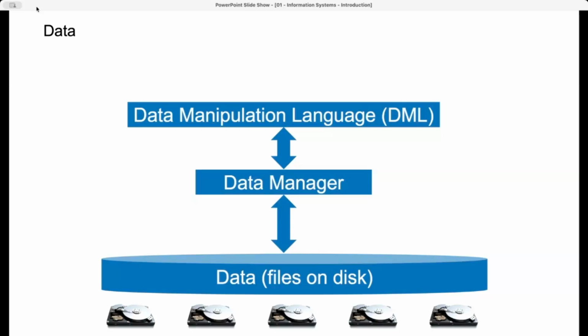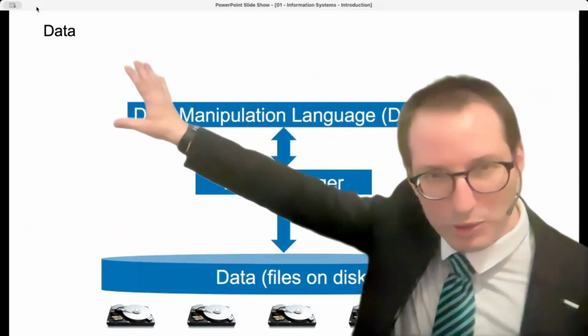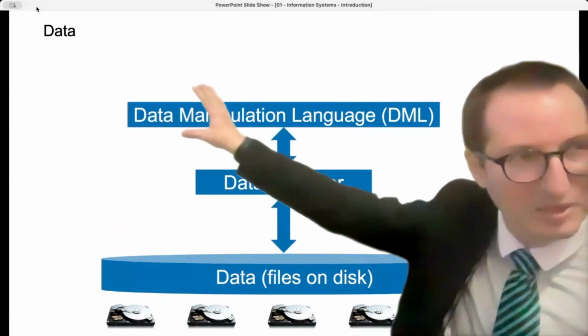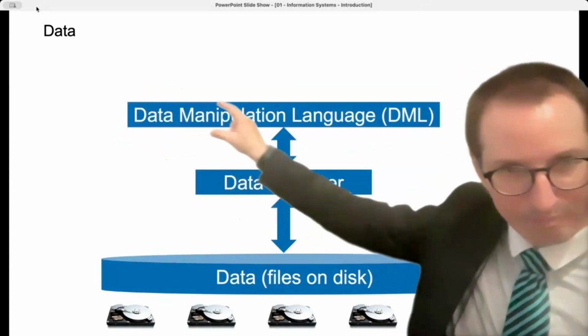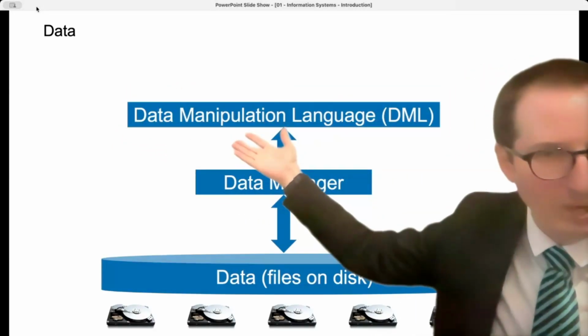On the very high level, it's actually pretty simple, because where is the data? Well, it's on disk. It's the zeros and ones that are stored on the mechanical drives, right here. Then you have the user, that is the data analyst in their Jupyter notebook. What they are doing, the fancy word for that is data manipulation language.